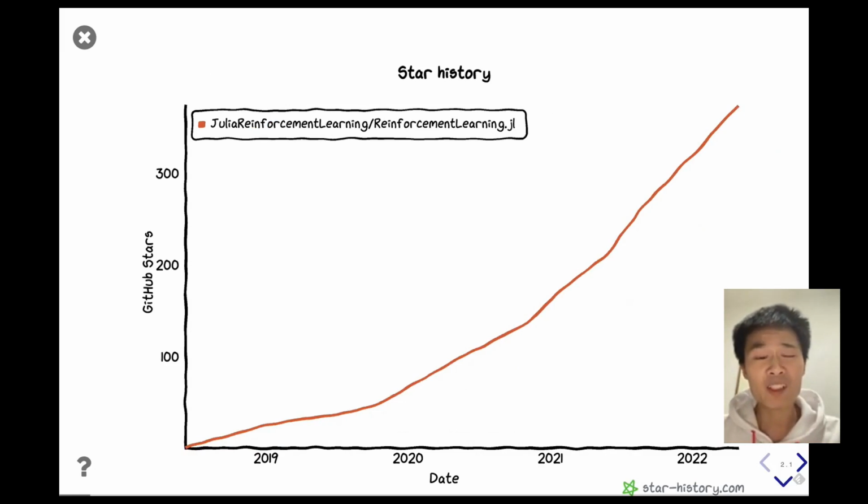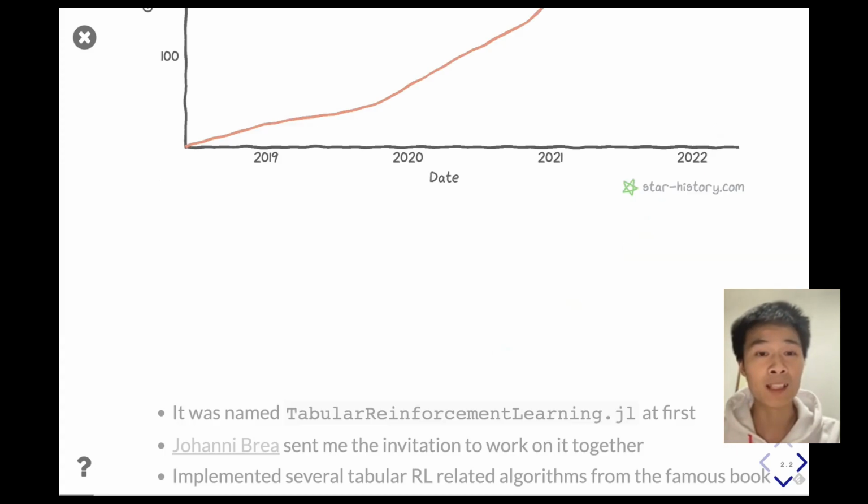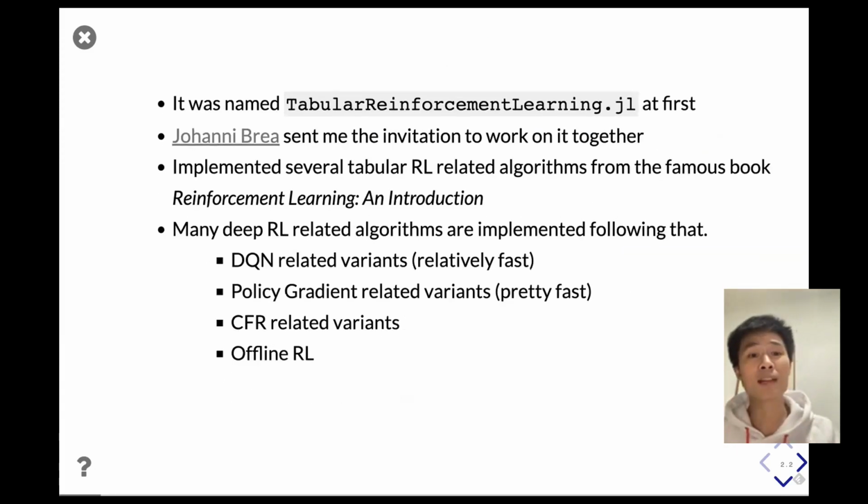I think ReinforcementLearning.jl was started around 2018, and it has been about 4 years since its first day. Actually, it was named TabularReinforcementLearning at first, and it was written by Johanna Bruijn. One day, Johanna sent me an invitation to work on it together.